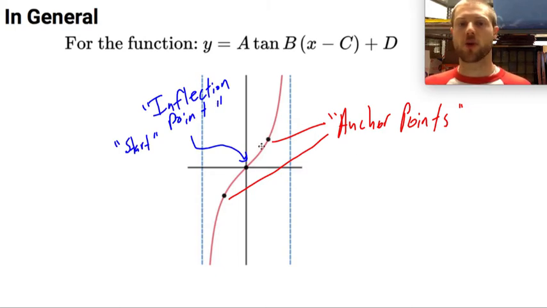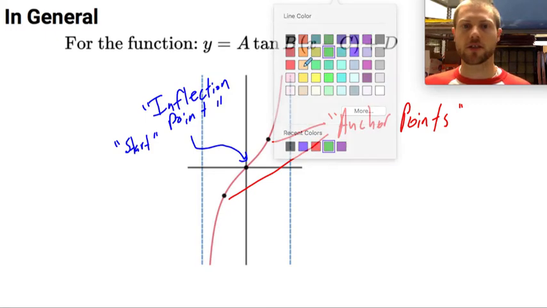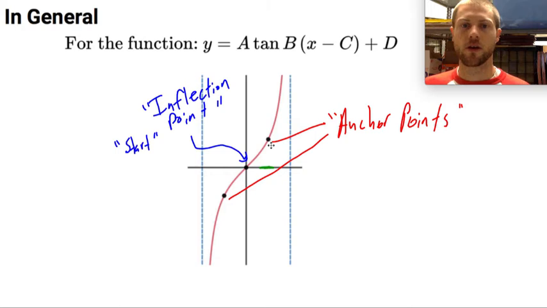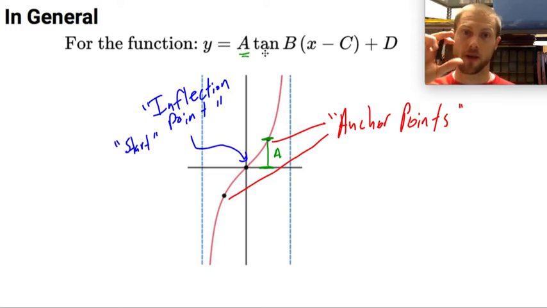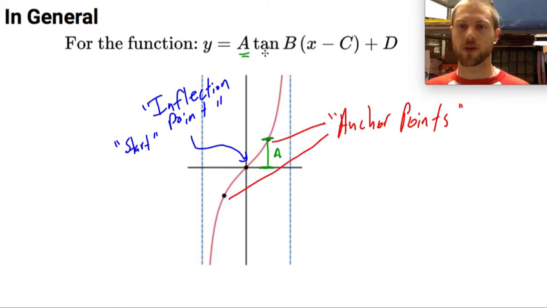So I'm going to include these points one key interval over that I call the anchor points. And one thing that's important to note is that the distance from my midline to my anchor point is going to equal A. So this gives us that vertical distance from my midline to my anchor point. That's where the A value comes in here. So if I stretch this, I'm changing the distance between these 2 points.